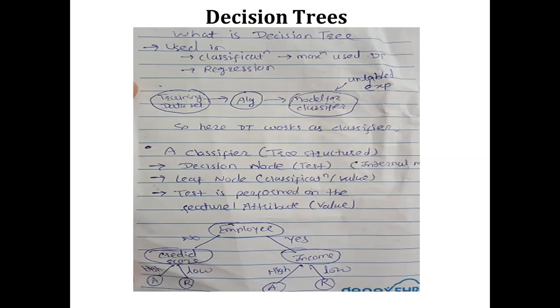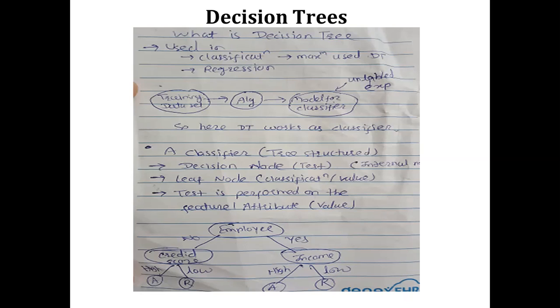Next is the leaf node. The leaf node, or child node at the bottom, is used for the classification or the value. What is the meaning of that? It is the class we have to give to that particular data, which is given over here.